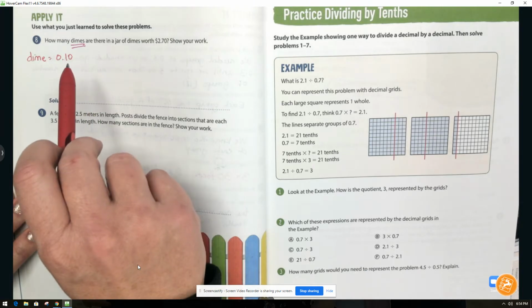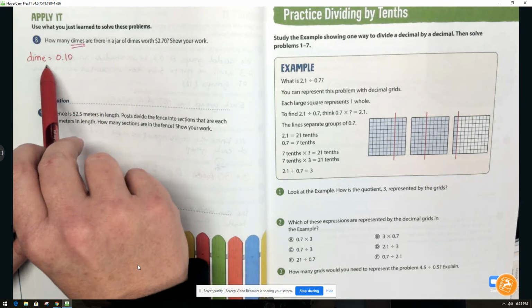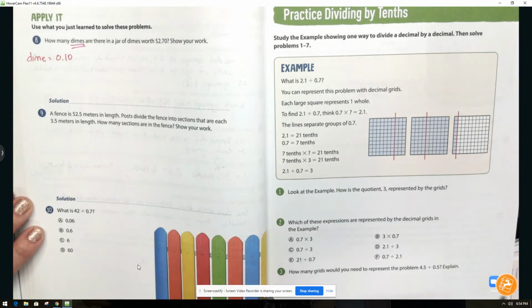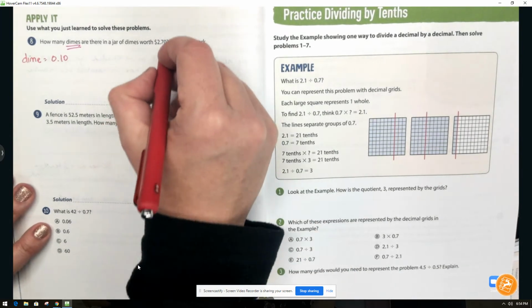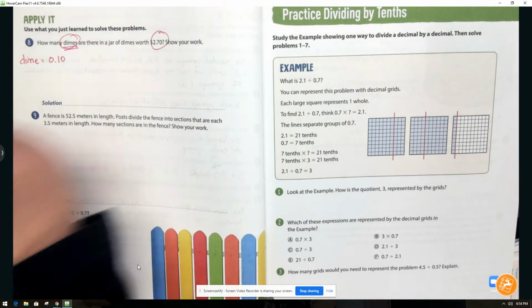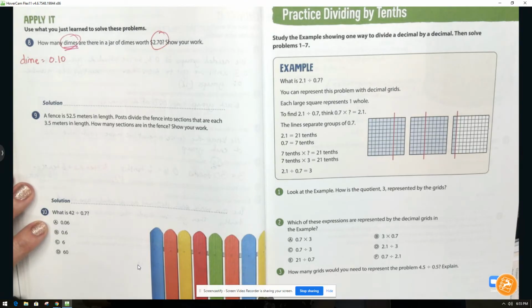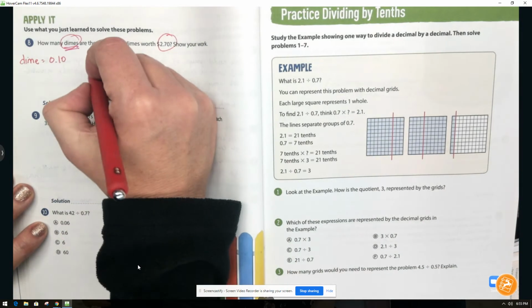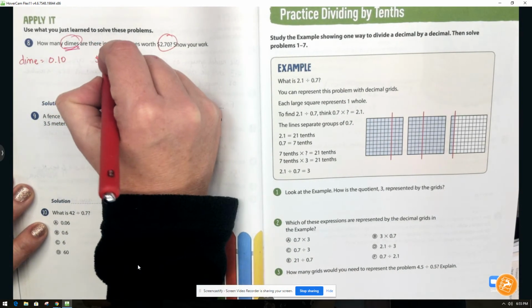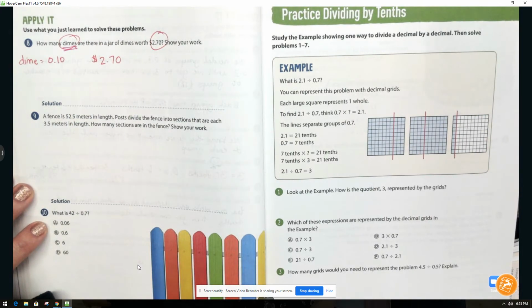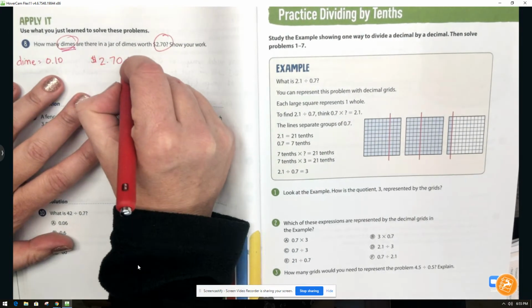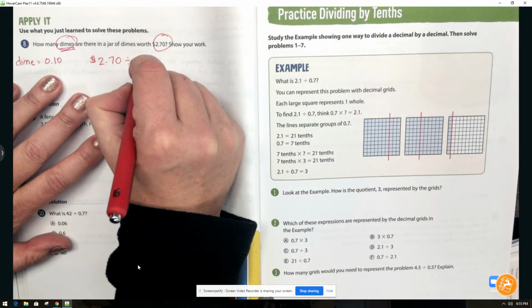So now we need to know how many dimes are in $2.70. So we know our whole and we know our part, but now we need to know the other part. So we know that we have $2.70 and we're dividing it by 10 cents.